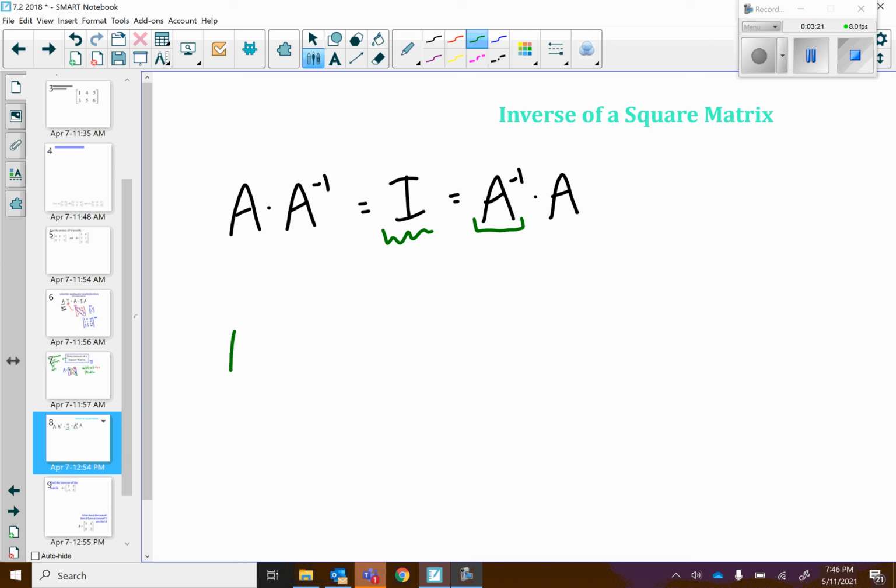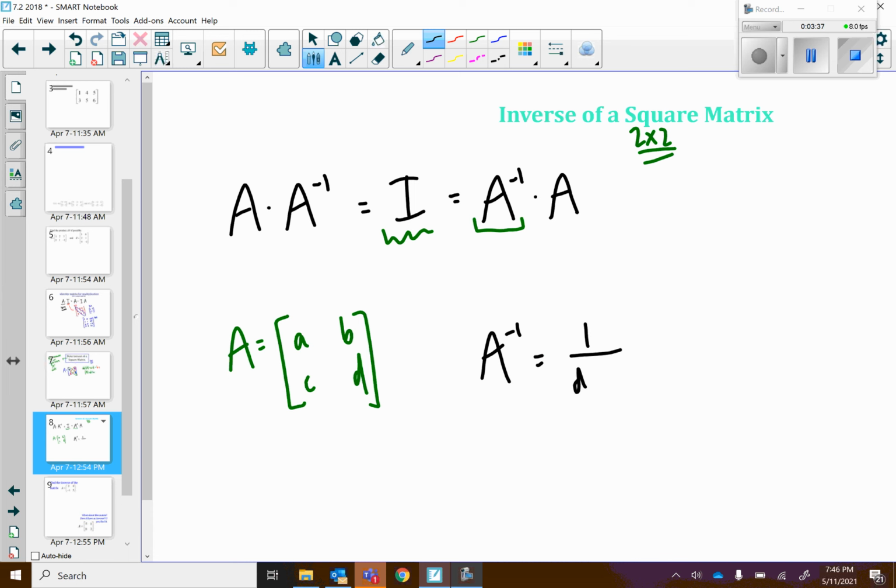Again, let A be the matrix with pieces A, B, C, and D. We are only going to deal with 2 by 2 here. If I want to find A inverse, I take 1 over the determinant of A and multiply it by this matrix.